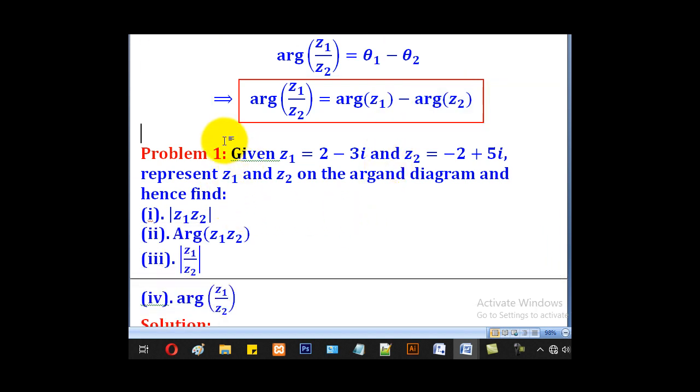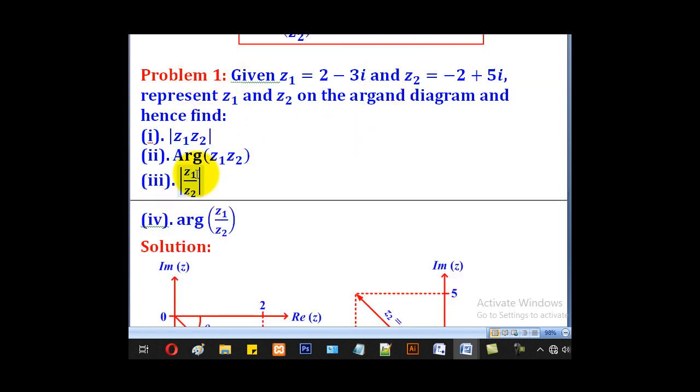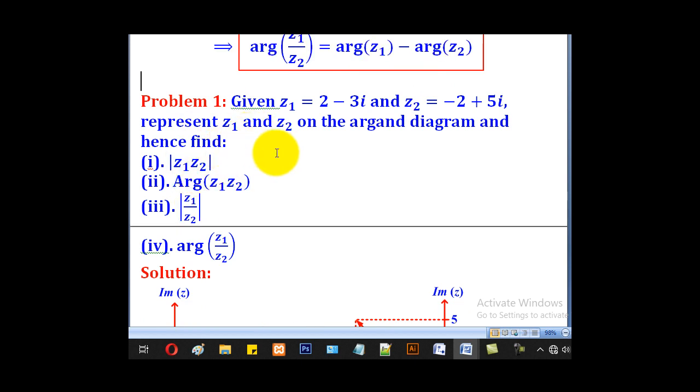We shall use those concepts to come up with solutions to these problems. Problem 1. Given that z1 is equal to 2 minus 3i and z2 is equal to negative 2 plus 5i, represent z1 and z2 on the Argand diagram, and hence find: (i) modulus of z1 z2, (ii) argument of z1 z2, (iii) modulus of z1 over z2, and (iv) argument of z1 over z2.